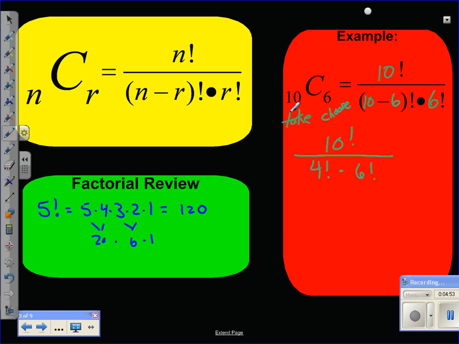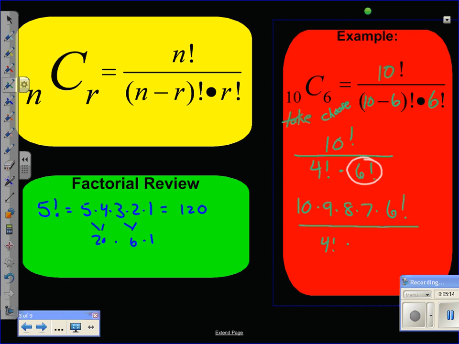Now, the way I like to look at it is we take the larger factorial in the denominator, and we want to make that factorial on the top. So if we do that, we take 10, 9, 8, 7, and the rest of them down are 6 factorial.